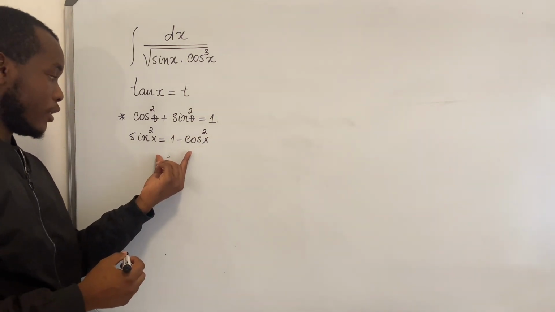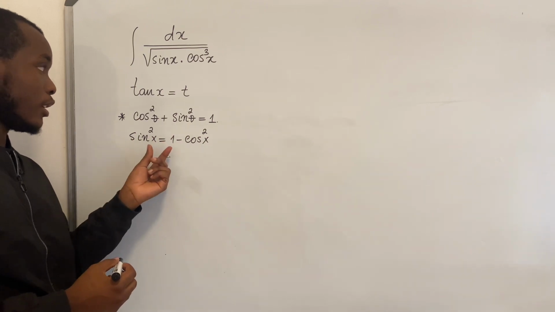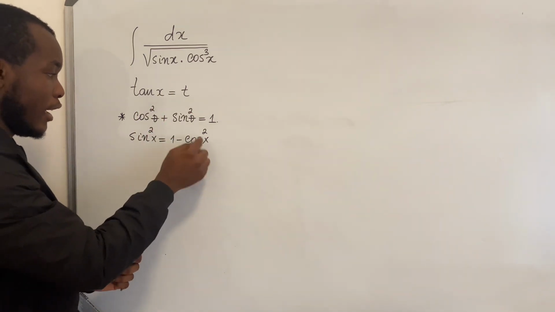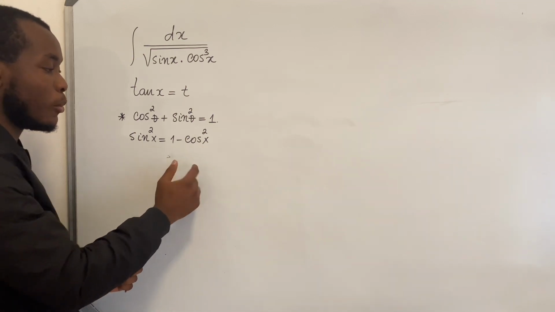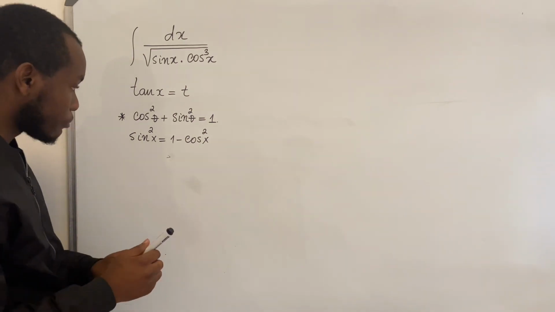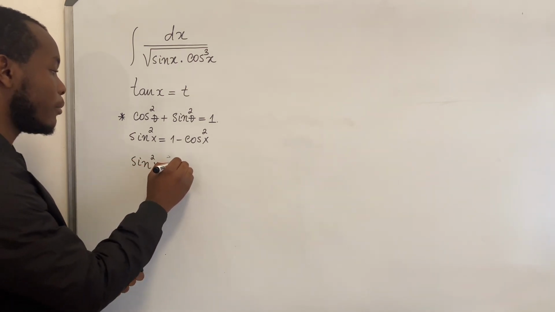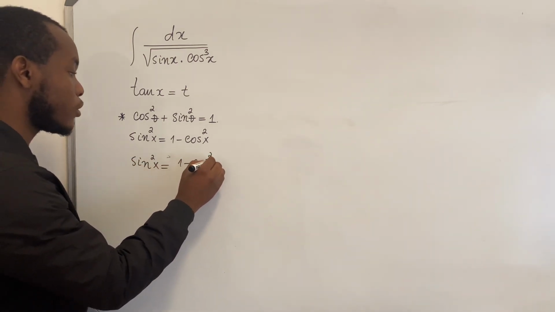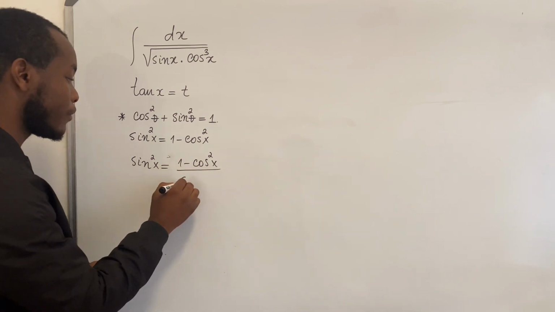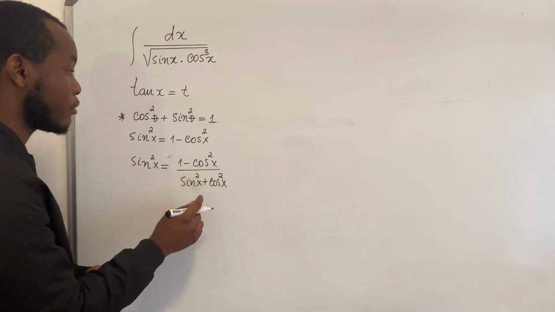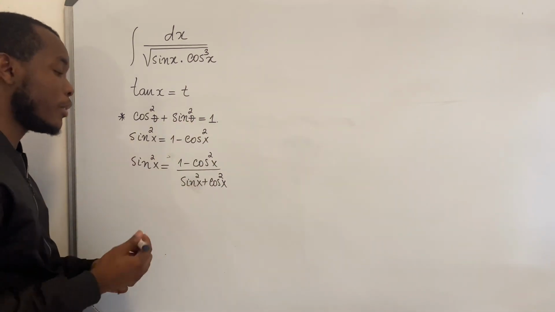This is true if we isolate sine here, but we're working with x because our problem is with x. We know that every expression is always divided by 1. There's always a 1 that we can't see. So it's not a problem if we say 1 minus cos squared of x over sine squared of x plus cos squared of x, because according to this formula, this will still be 1.